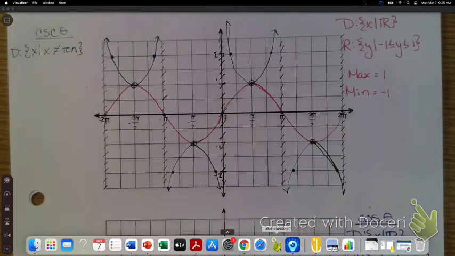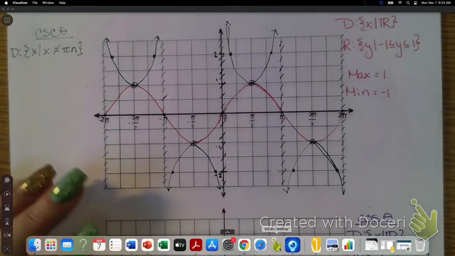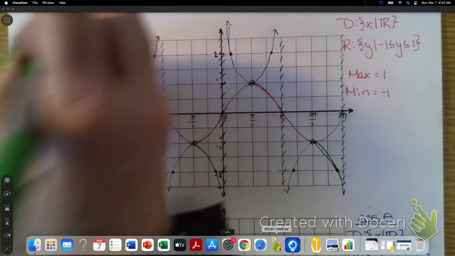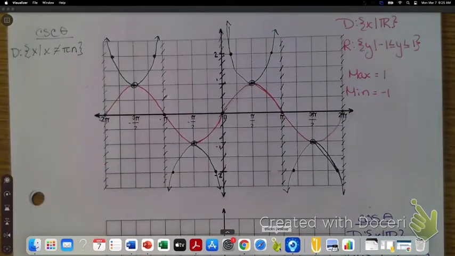So I personally write plus and minus pi n. Your textbook does not; it's implied that n can be negative. So I am not going to force you to do that because I know there are more math instructors than not that just leave it as pi n. But technically, yes, it is plus or minus. So if we put plus or minus, I am not going to count it off.